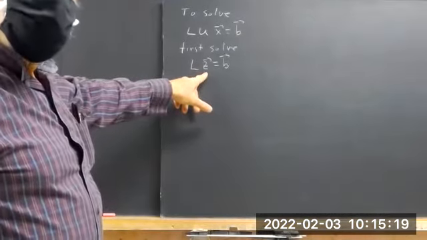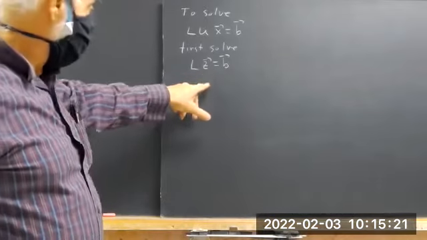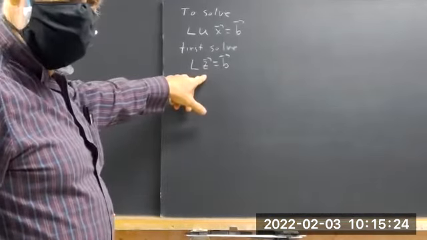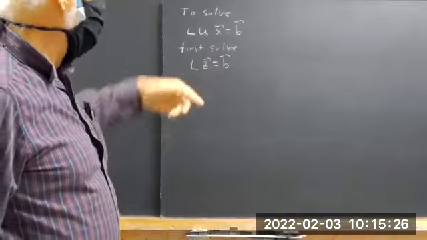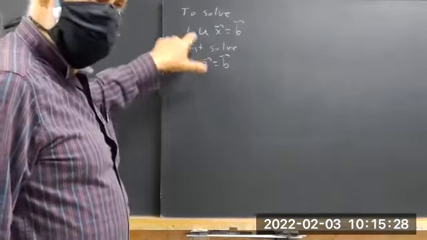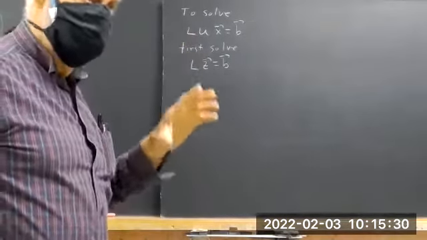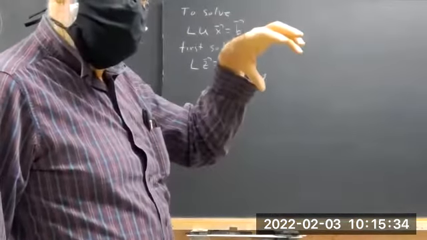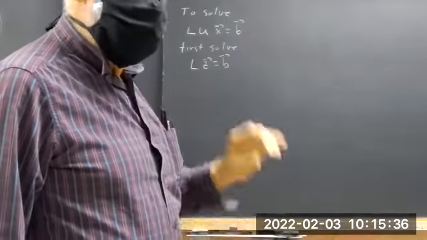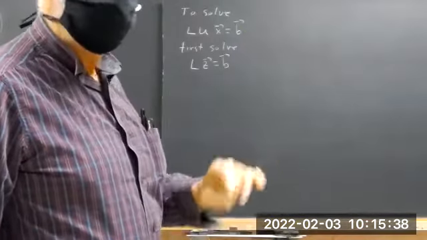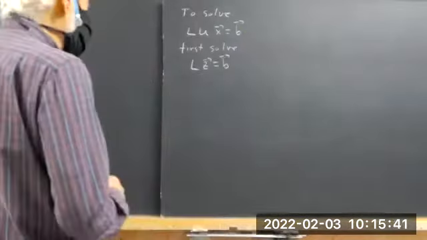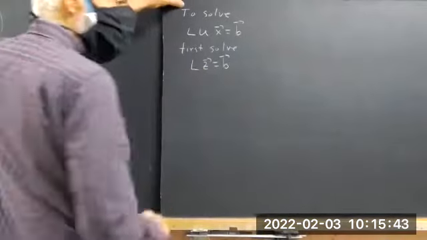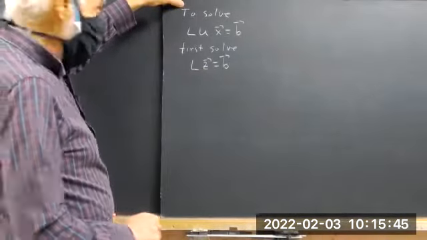It doesn't have a previous definition. It's just a variable you use in order to solve this system. Let me try to be as clear as I can about this somewhat confusing process. If I'm clear enough about it, maybe it won't be confusing to you. Okay, you solve this.